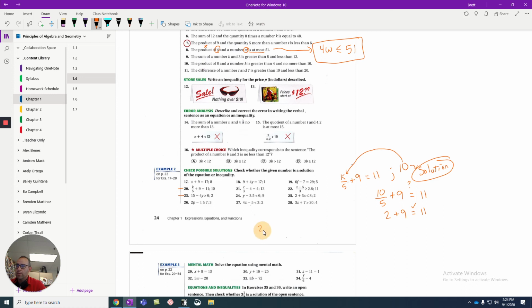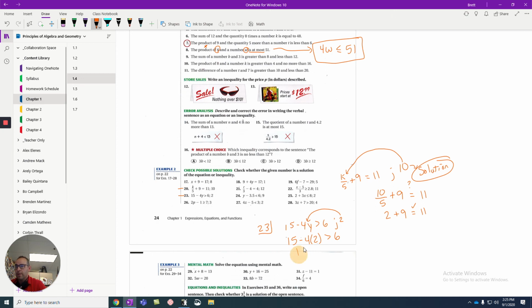Let's look at 23. It has 15 minus 4y is greater than 6 when our y is 2. So we're going to plug this 2 right in for our y. Gives us 15 minus 4 times 2. And we want to know, is that greater than 6? We've got to find out.